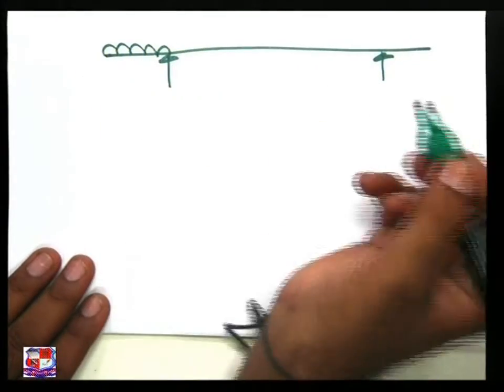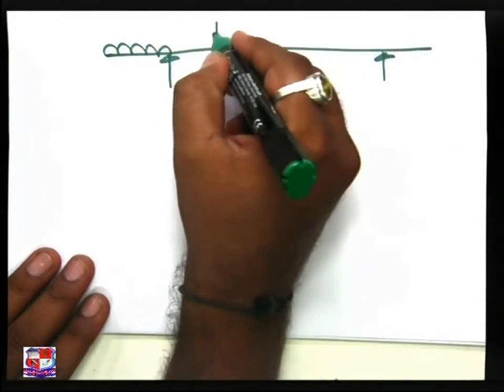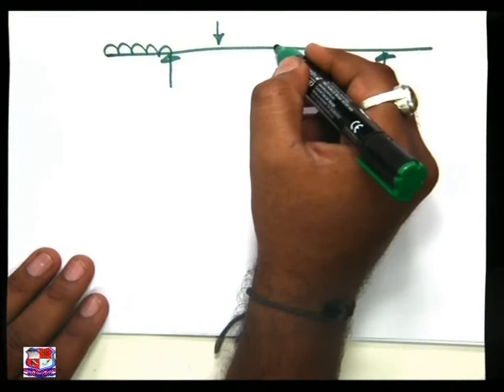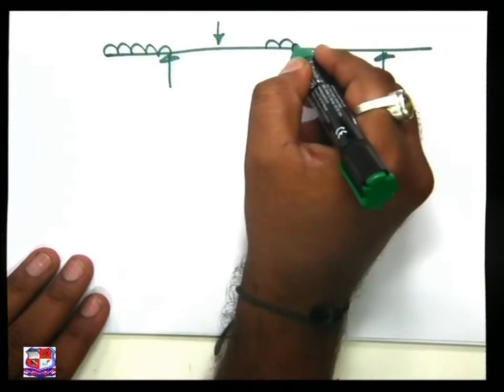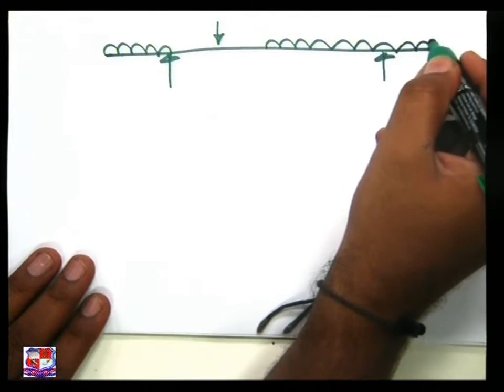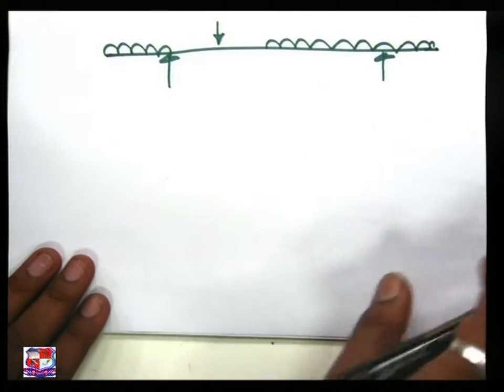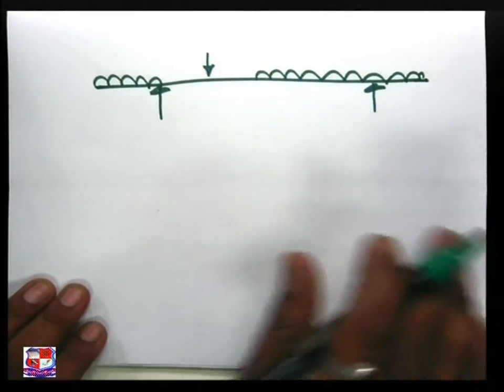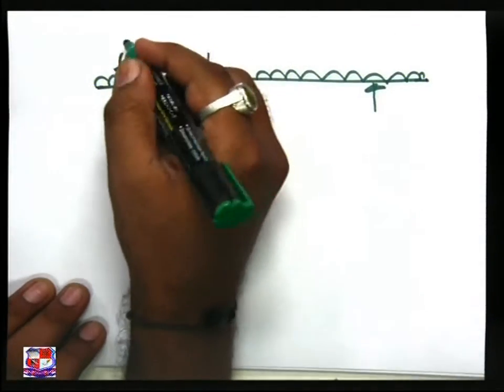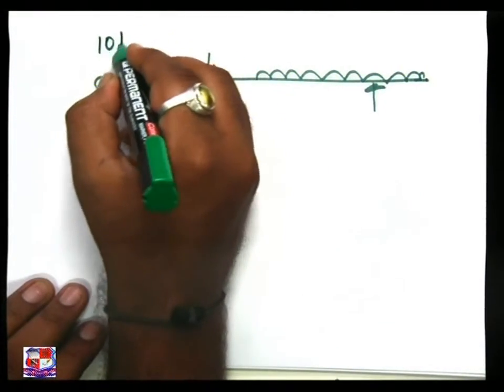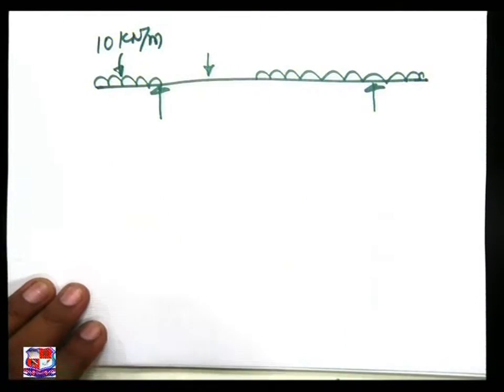This is UDL, point load, and from this distance onwards, once again UDL comes with us. So these values are 10 kilonewton per meter.